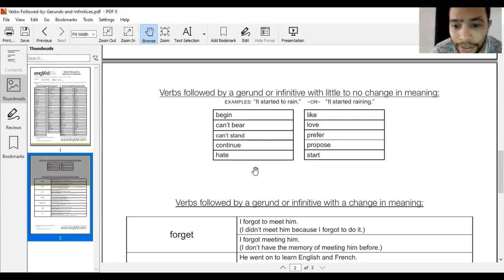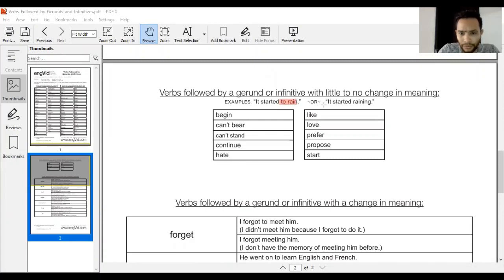Now, what happens here, guys? With these verbs, you can use whatever you like. For example, we have here start. Take a look at start. It started to rain. Empezó a llover. Here we're using infinitive with to.